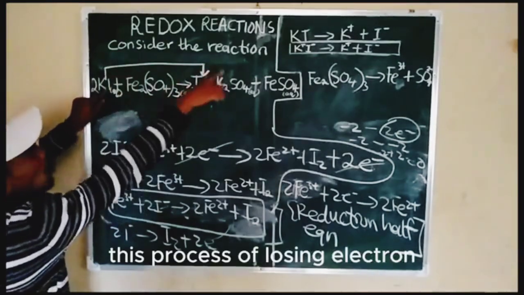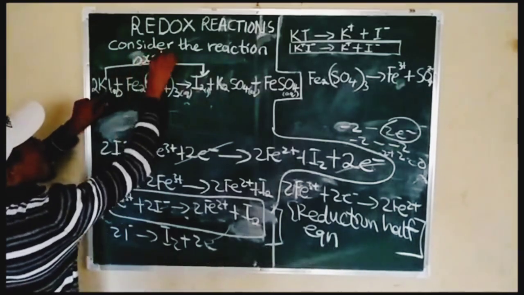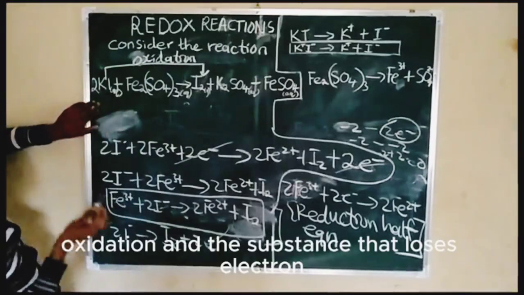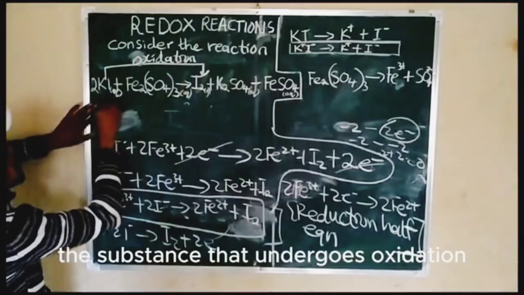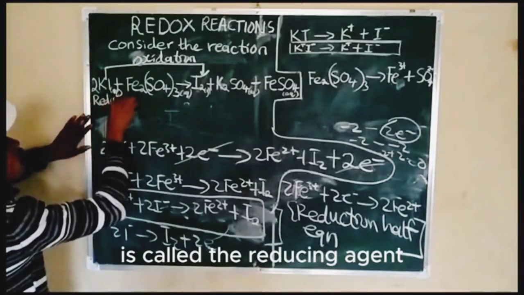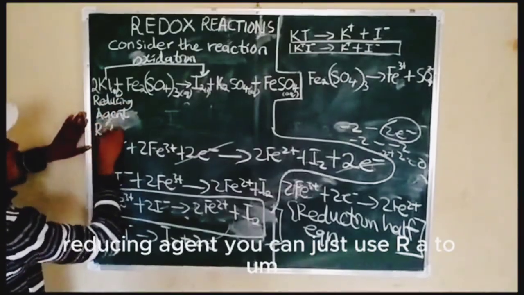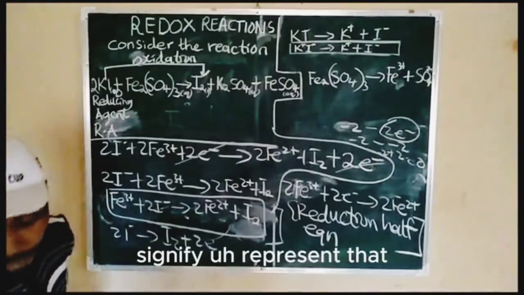This process of losing electron is oxidation. And the substance that undergoes oxidation is called the reducing agent. You can just use RA to represent that.